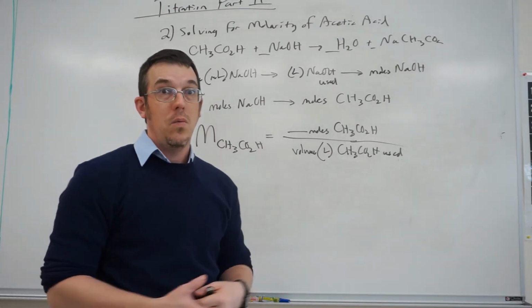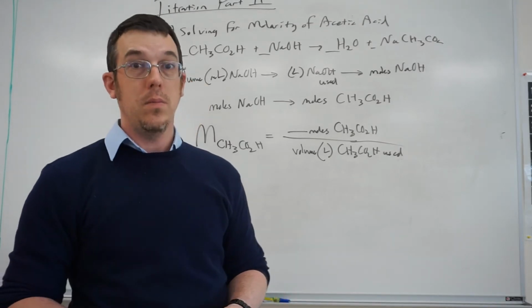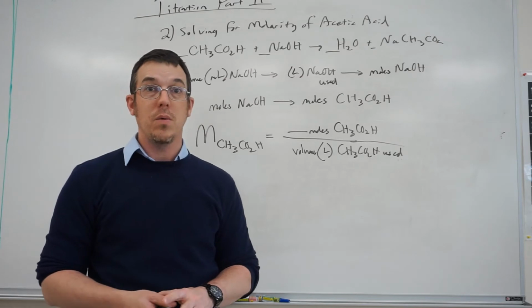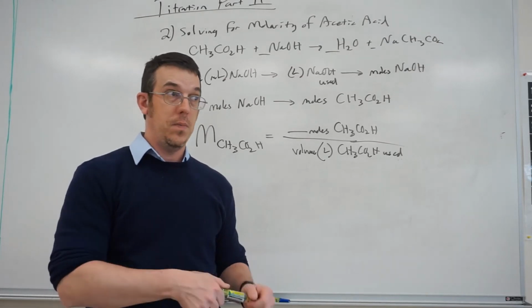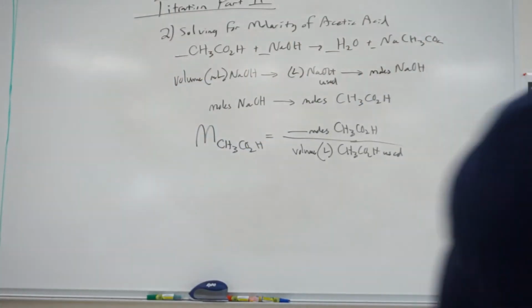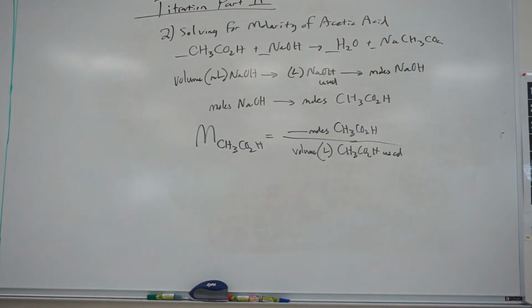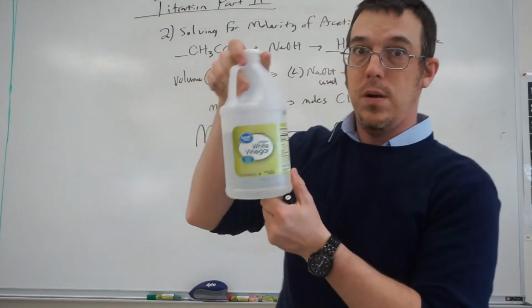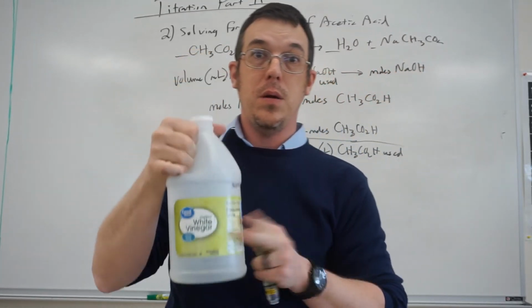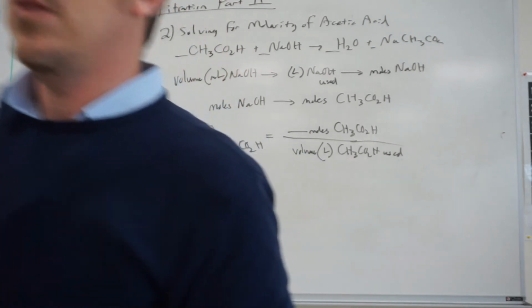Now, we've learned in class that acetic acid is a weak acid, and so what we want to do now is calculate the pH of the acetic acid solution. Vinegar, in fact, this is what we have been titrating. So we're going to figure out the pH of the solution that's inside of this bottle.